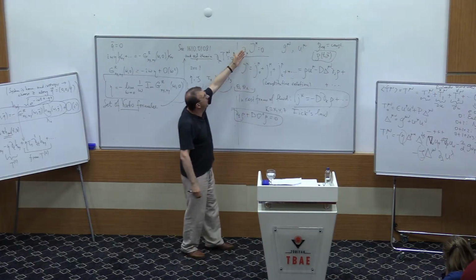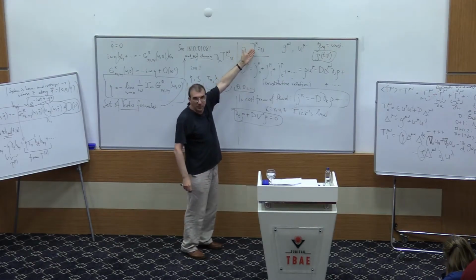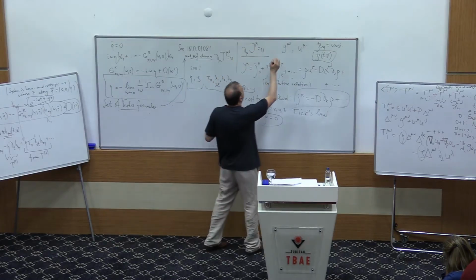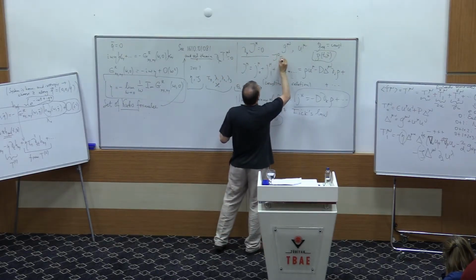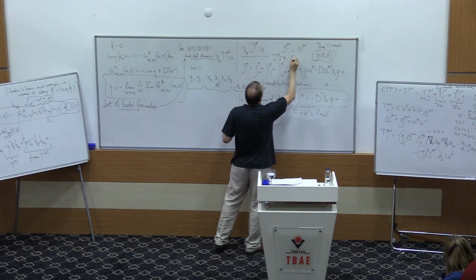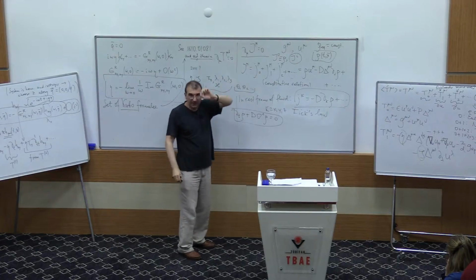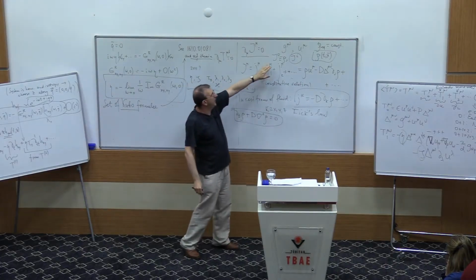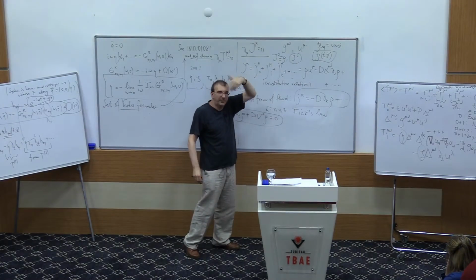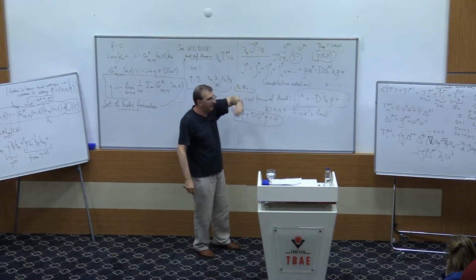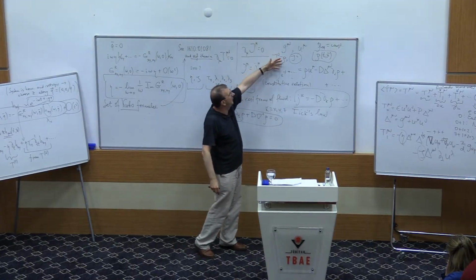So microscopically, you have this J mu. J mu has 4 components: J naught, which is rho, and then J i, the current components. So in the hydro approximation, the only degree of freedom of significance is rho.